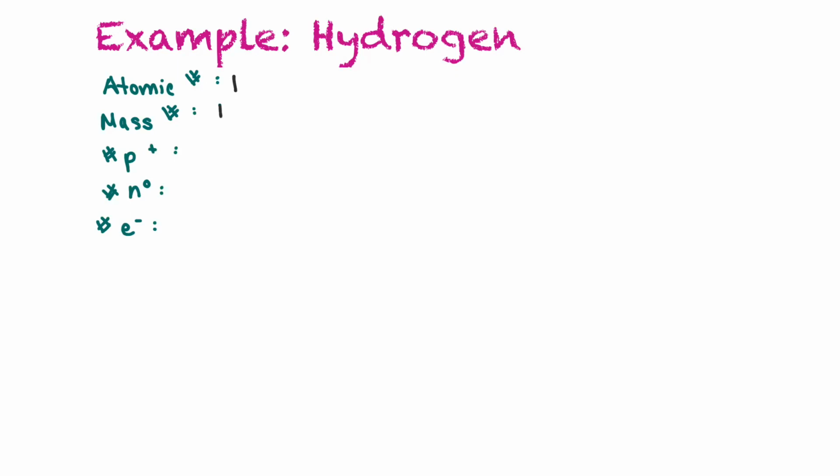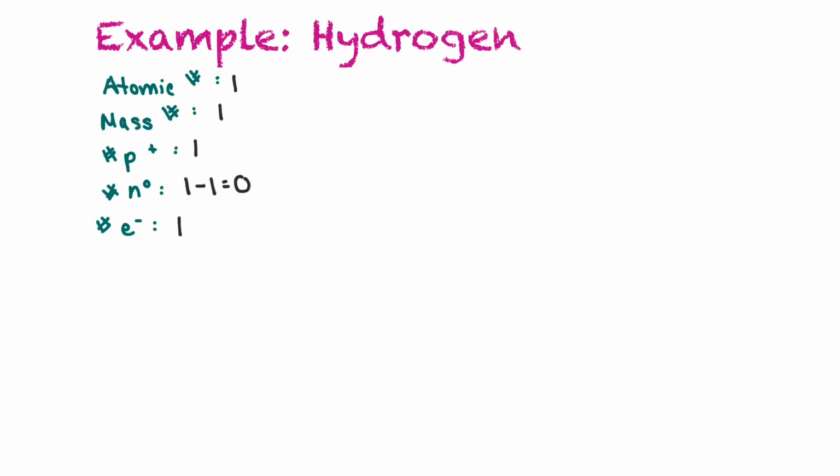And the mass number is also 1, which means that there are 1 proton and 1 electron. And then for our neutrons, it's 1 minus 1 equals 0. We don't have any neutrons because there's only a mass of 1, and the mass of the proton takes up the whole mass.